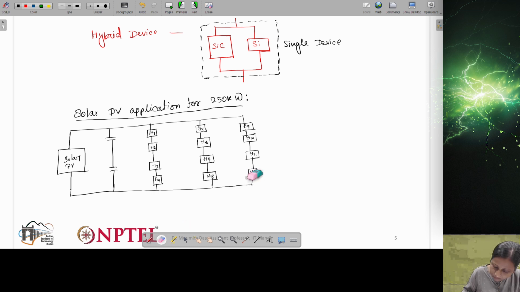Okay, so this is how it is connected, and then obviously there will be diodes.